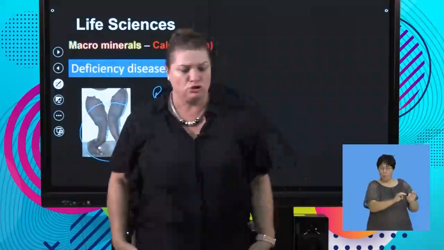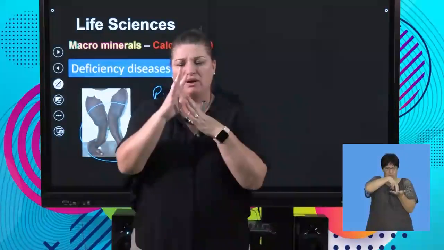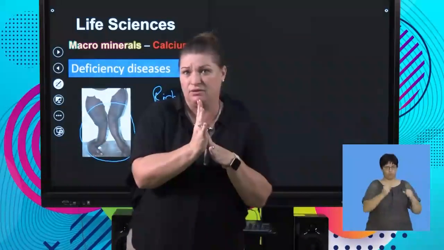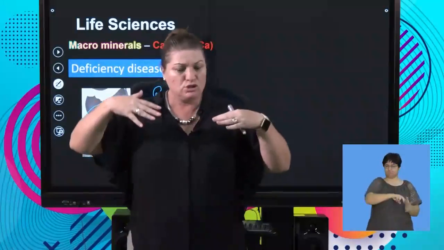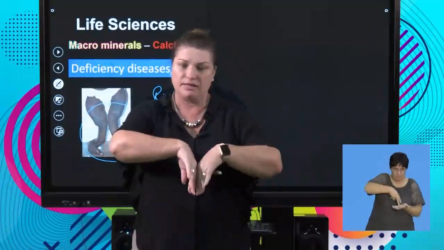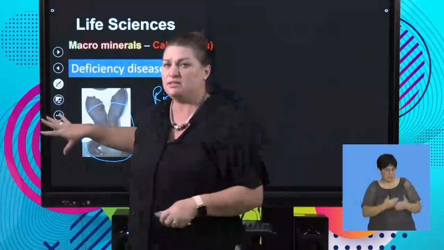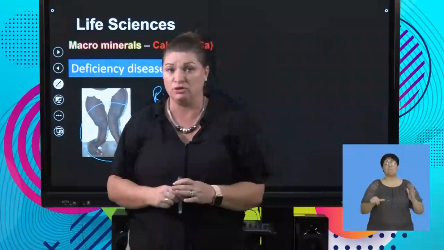If bones are not strong and I'm standing, putting weight on my legs, what am I going to do to the bones? They're going to bend. Look here, they're not going to form. So as soon as I put weight on it, the little boy's legs are going to bend and he's going to look like that. So calcium is a really important part of your diet.